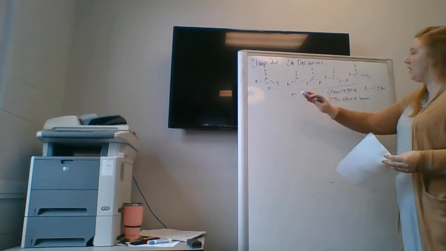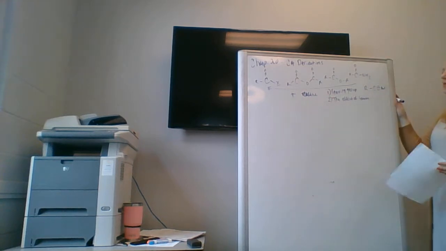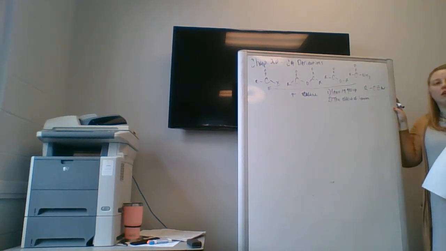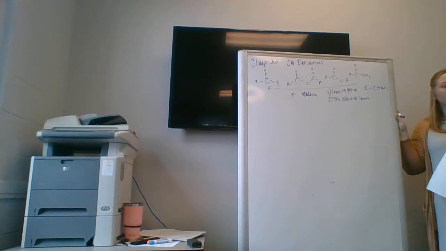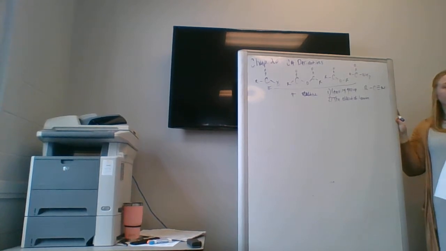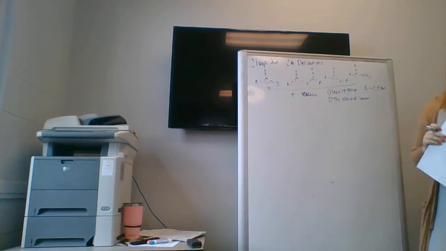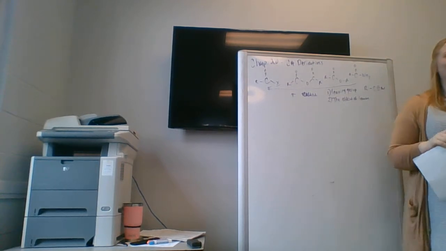Okay, so all of these have a carbonyl group. Knowing that, where would we expect them to be in carbon NMR? Downfield or upfield? Downfield, because they're de-shielded. How do you know that they're de-shielded? Is it because of the double bond?